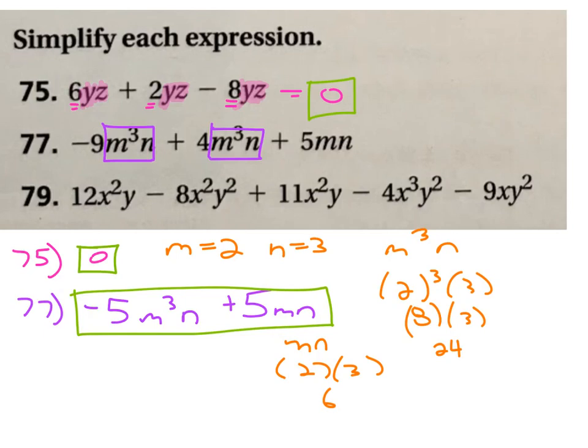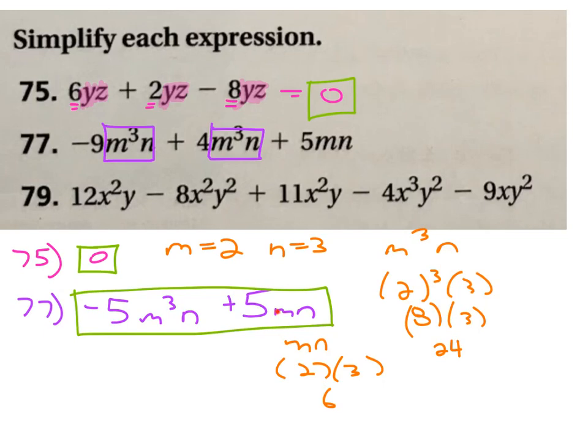So here you're saying, essentially, if we had those values, it would be -5 times 24, or up top, -9 groups of 24 plus 4 groups of 24. Then that means -5 groups of 24.